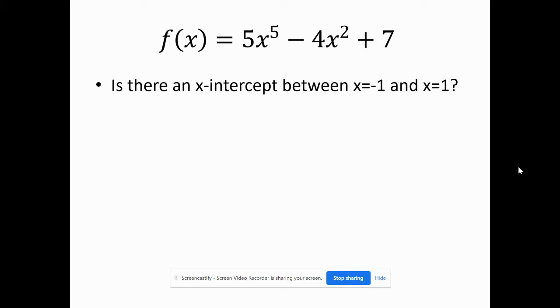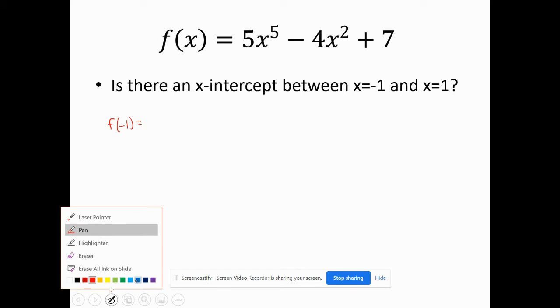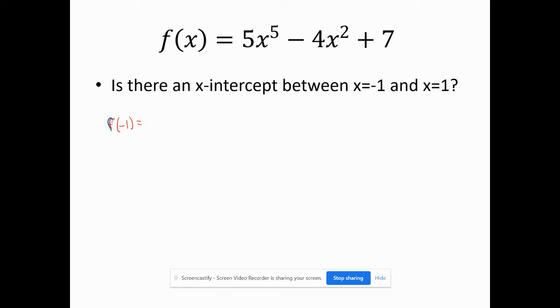So first, let's actually do f of -1. All right. f of -1 is 5 times -1 to the fifth minus 4 times -1 squared plus 7.